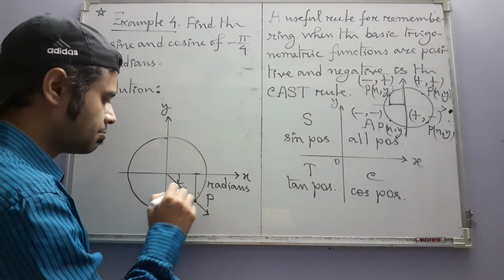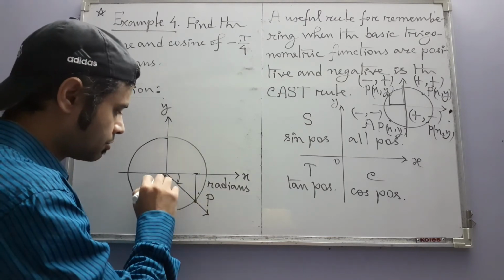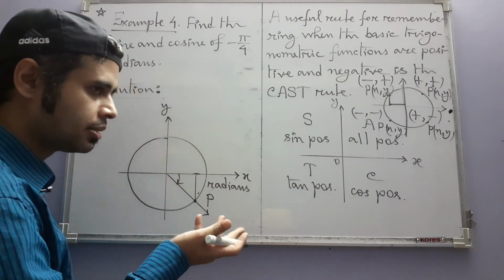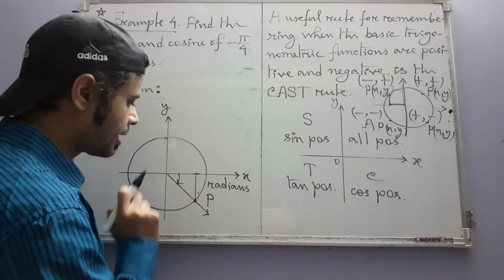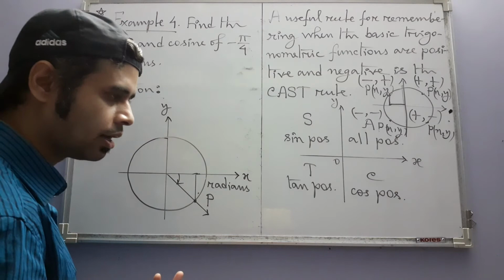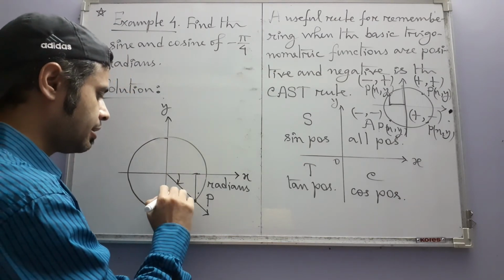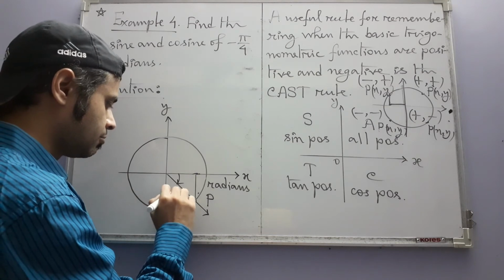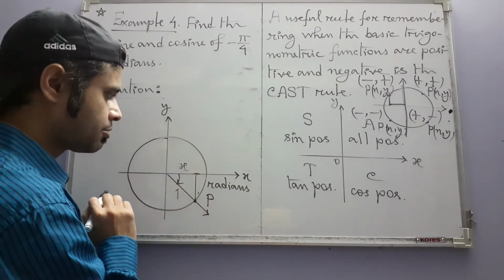So that means because these two angles are the same, from elementary geometric properties of triangles, these two sides also have the same length, and this side has length 1. So if, for example, this side has length x, then this one will also have x.